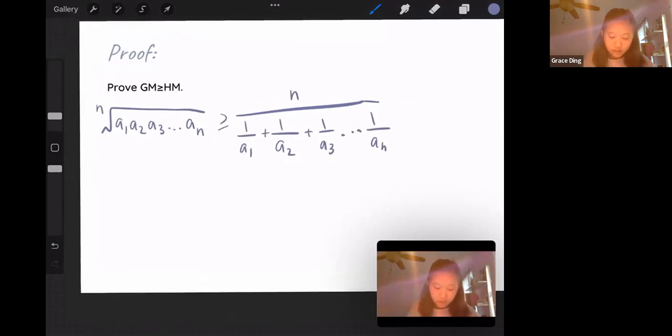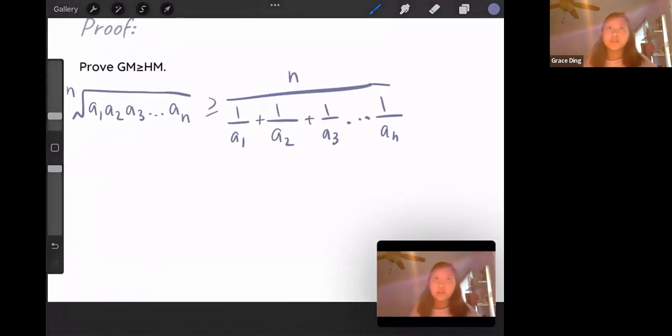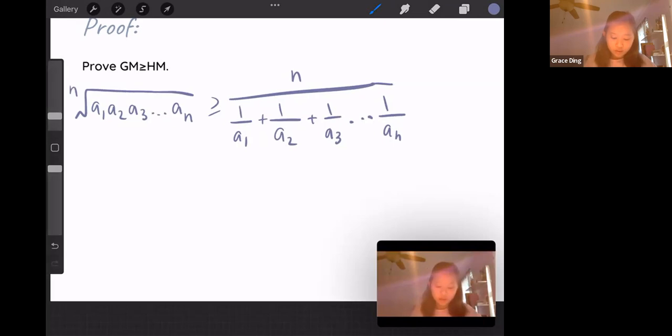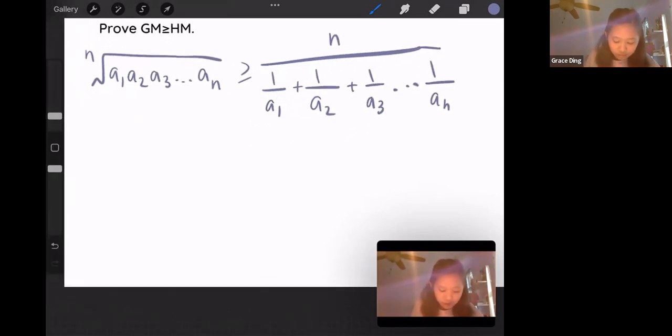Okay, so the way I'm going to do it is technically backwards, but basically if you were to write this out, then you would basically do the proof I'm going to show you backwards. So a little bit complicated, but it'll be fine.